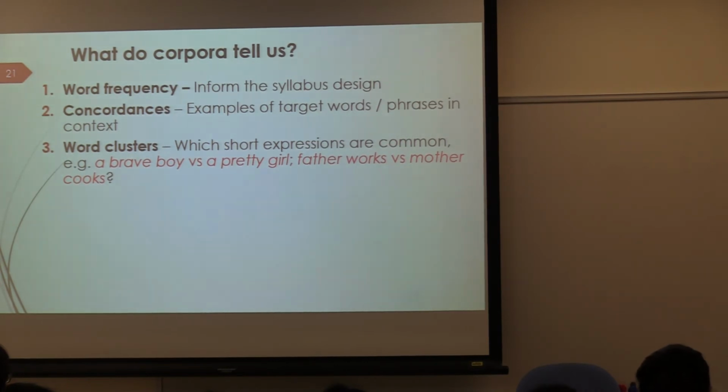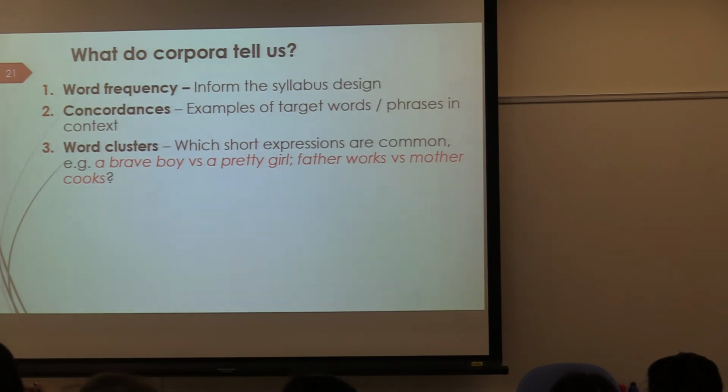Word clusters, what does this mean? Well, this expression means we would like to see how often some expressions are used together. For example, when we want to describe a boy, what kinds of adjectives are usually used with boys? And then how about girls? Do you say a pretty boy? Usually, maybe not. But you say a pretty girl. When you talk about a boy, you would like to talk about characteristics like being courageous, adventurous, brave, but for girls maybe pretty, little, young, the age, and so on.